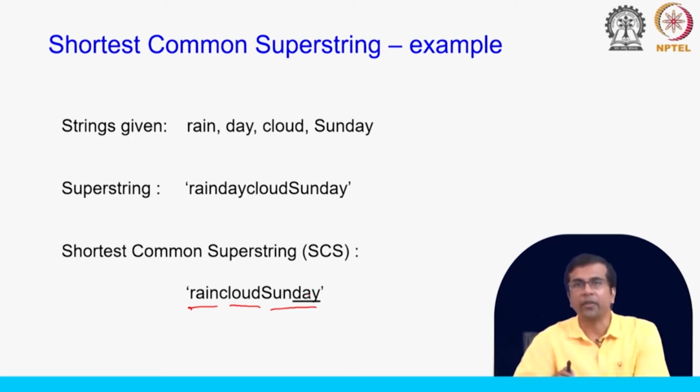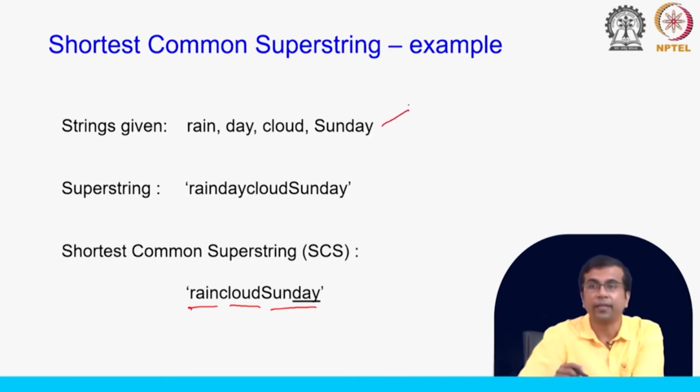You can now imagine, with different combinations of words, you need to find these shortest superstrings, and this might not be trivial as you expand the number of strings. As you increase the number of strings, this might be a difficult problem. So, think of it in terms of reads. These strings that are given are the reads.